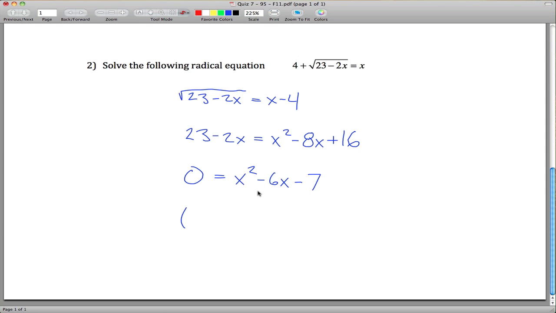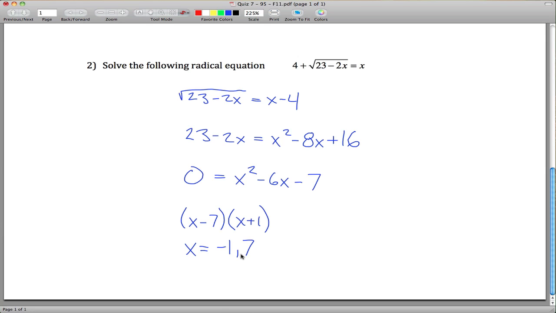Hopefully this will factor. We need two numbers that multiply to negative 7, add to negative 6. If you mess with that long enough, I think you'll get negative 7 and positive 1. So as possibilities for our solution, we can get negative 1 and 7. But you have to be careful. You always want to double check these answers when you have radical equations like this.